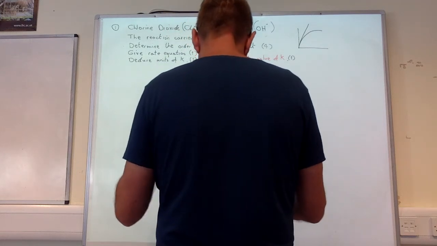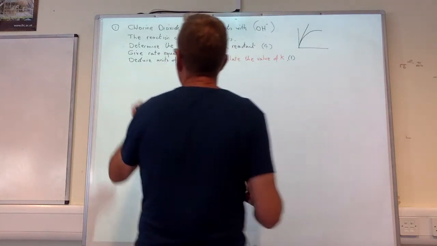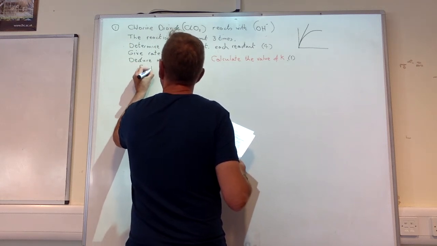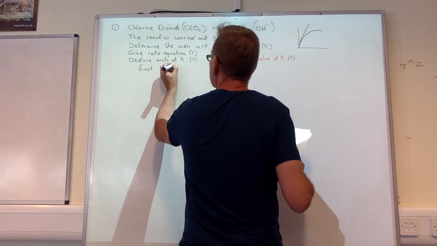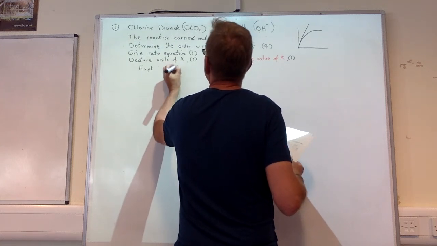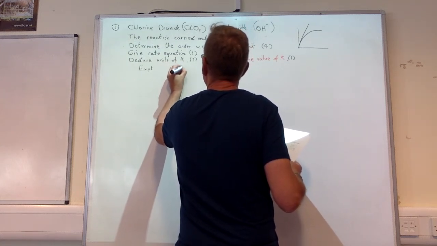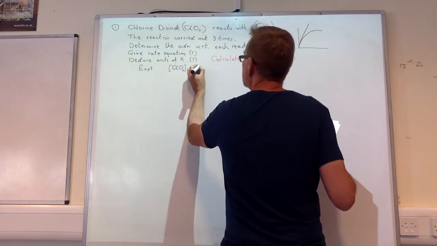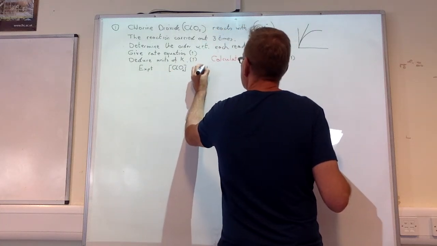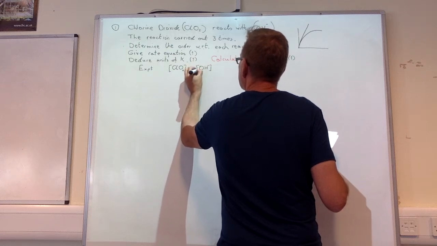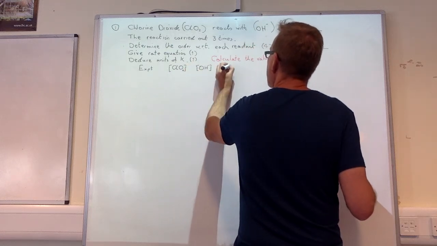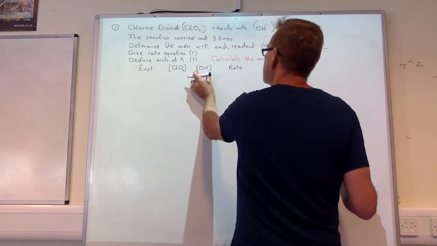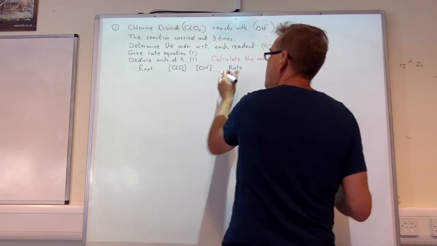Right, so, enough waffle. Here's the info. Experiment, 3 experiments. Concentration of this chlorine dioxide in moles per dm cubed, concentration of these hydroxide ions, the second reactant, and rate. Remember, moles per dm cubed, moles per dm cubed, moles per dm cubed per second.